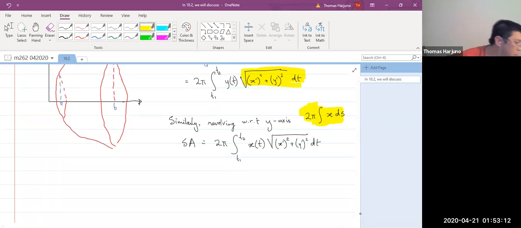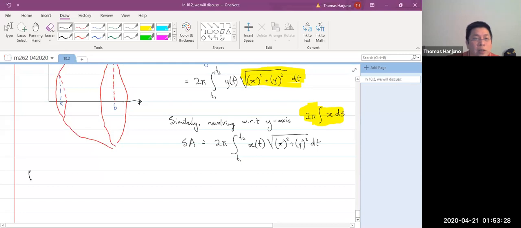The last problem for the day will be, which one is good? Oh, you know what? Number 62 is basically number 48. And the curve is given by x equals 3t minus t cubed and y equals 3t squared.